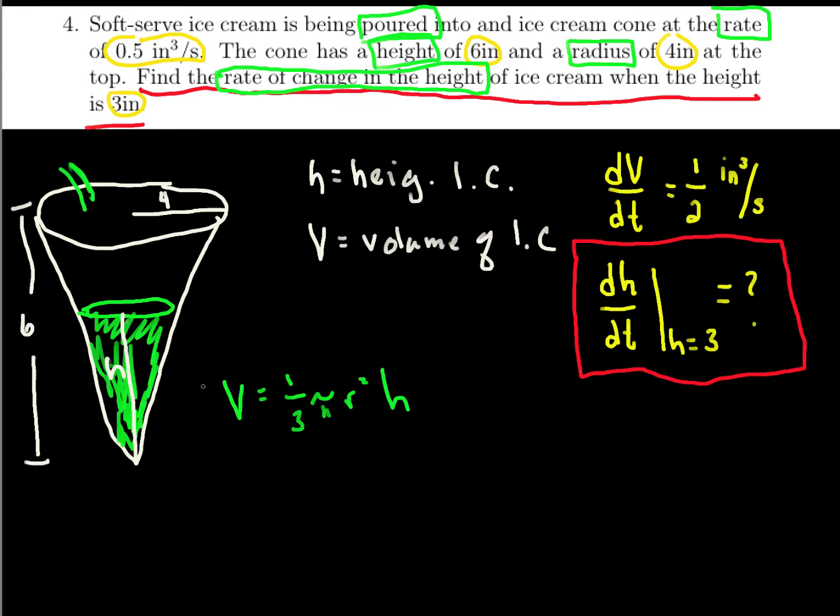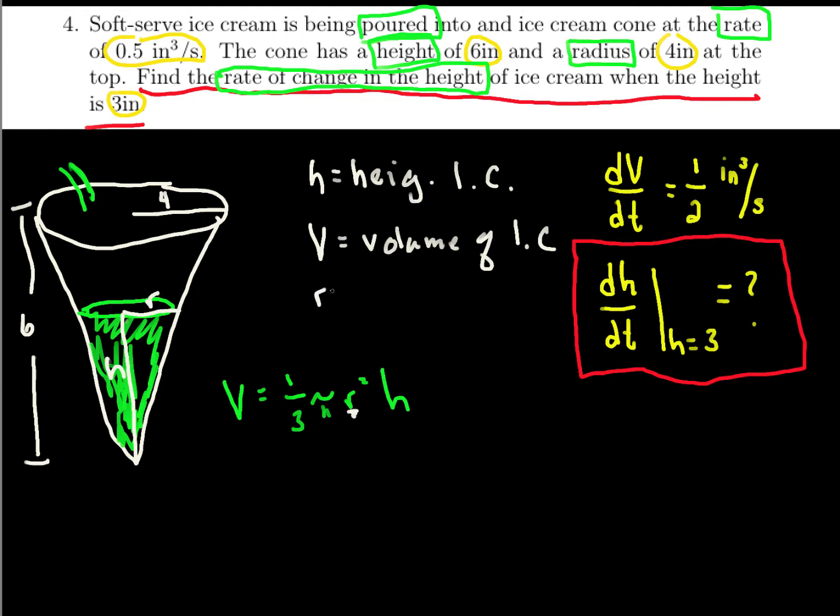Anyways, so we have our relationship. The volume equals 1/3 pi r squared h. And notice, whoa, we've introduced another variable, r. This wasn't in the problem, but the problem forces our hand. We have to introduce this second variable. Well, what is that? That's the radius of the ice cream in the cone.